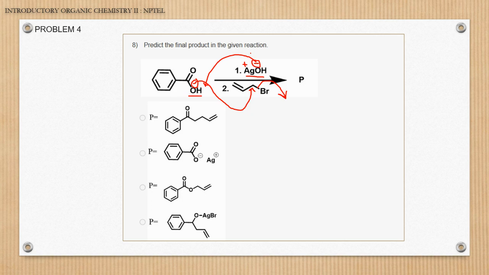In the second step, the oxygen ion which is getting formed will attack on the allyl bromide to give you Br minus as a leaving group. So now tell me, which is the correct option?